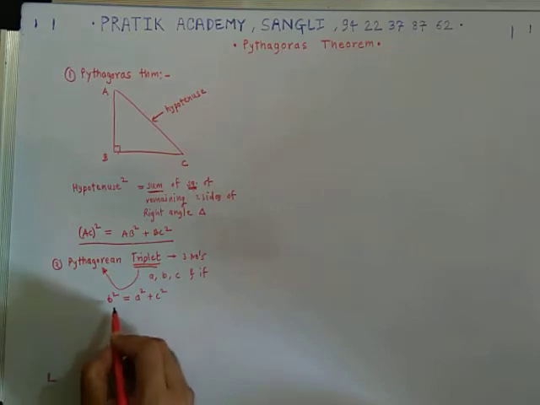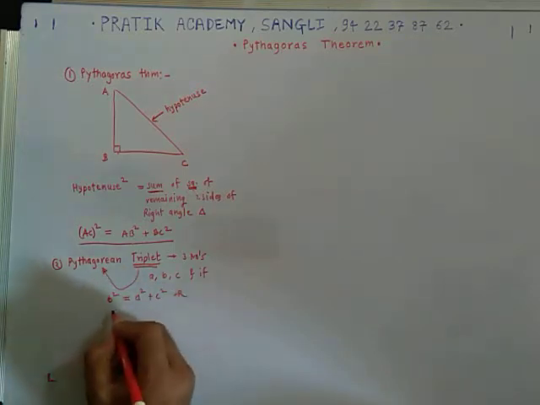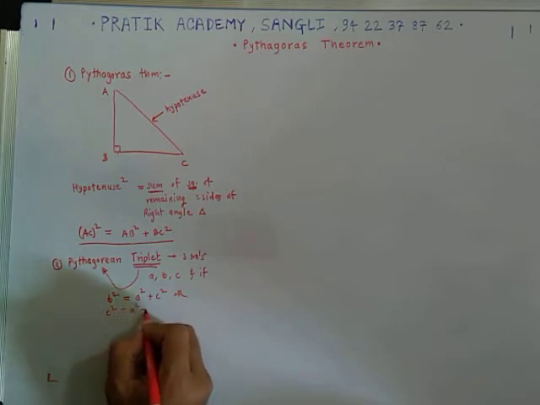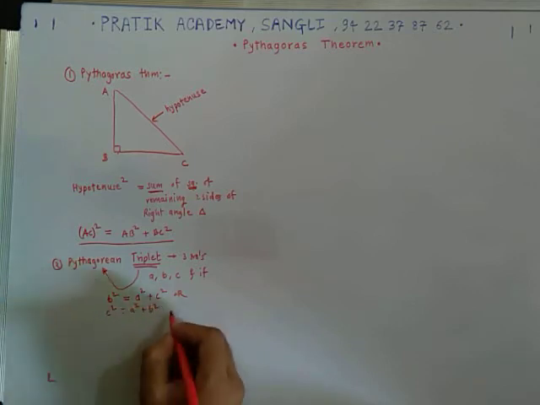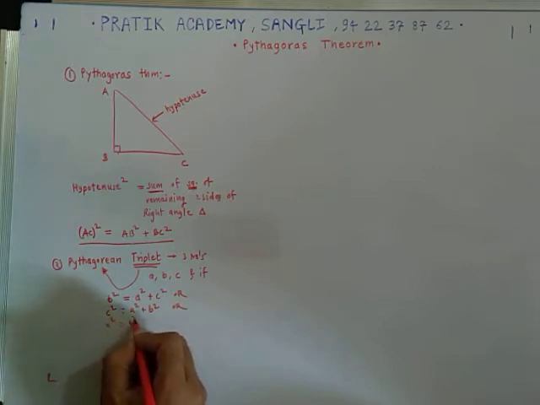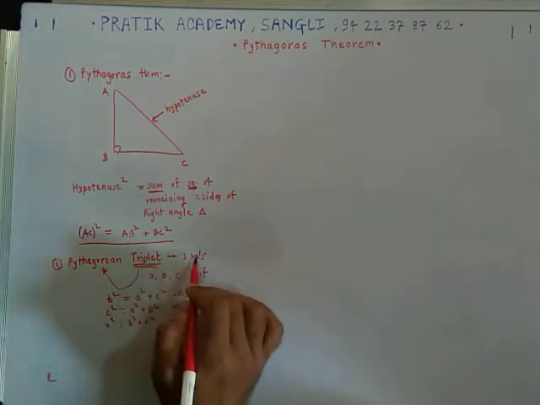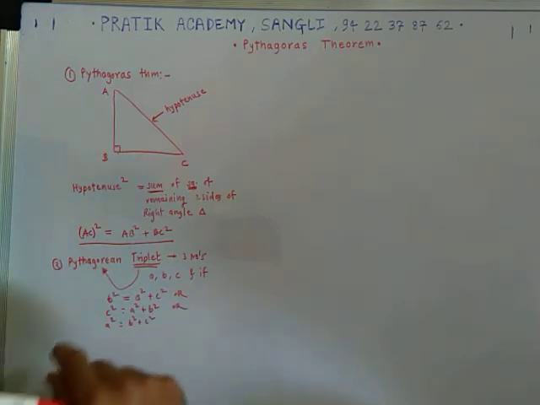So B square is equal to A square plus C square, or C square is equal to A square plus B square, or lastly A square is equal to B square plus C square. If any of the three is possible, then we can say these three numbers are forming a Pythagorean triplet.